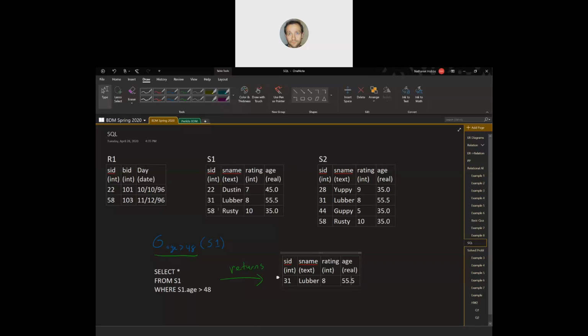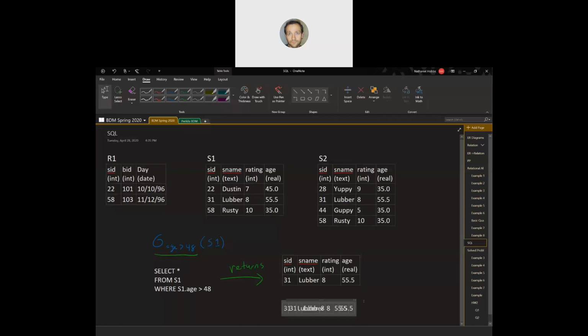It would not just return this 31 Lubert 855, because this is missing the schema. So it returns the schema as well as an entry, the same way as relational algebra returns a relation.